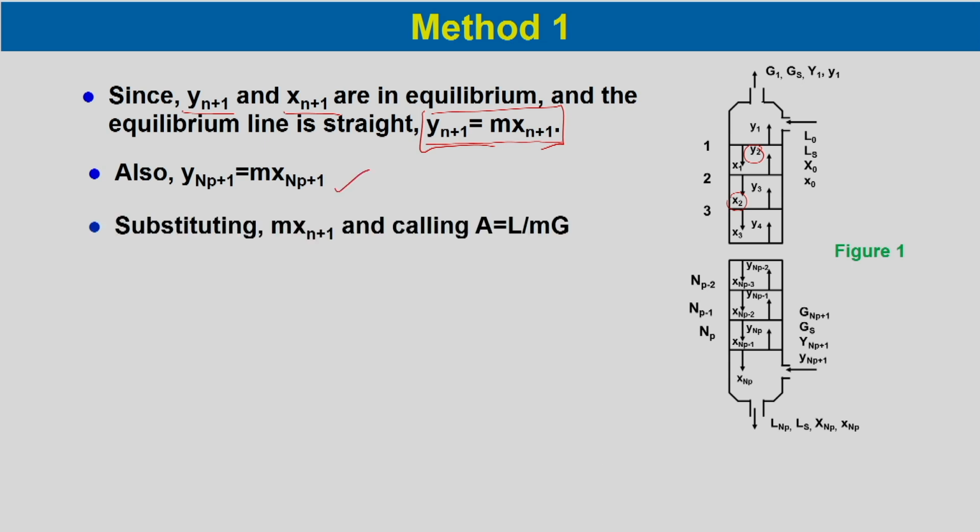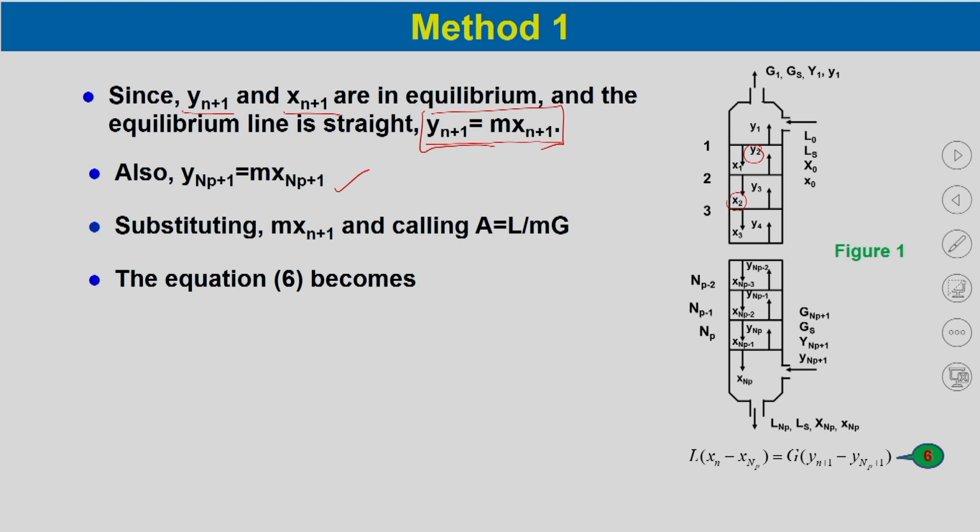Now, if we substitute m x n plus 1 and call A equal to L by m G, a constant, equation 6 which we derived before is L times x n minus x n p equal to G times y n plus 1 minus y n p plus 1.